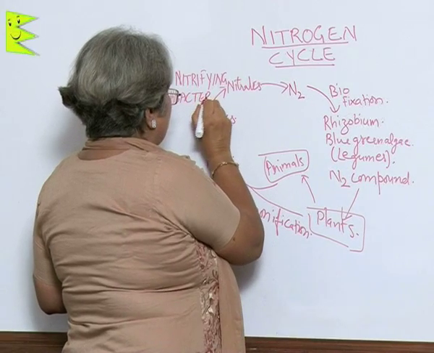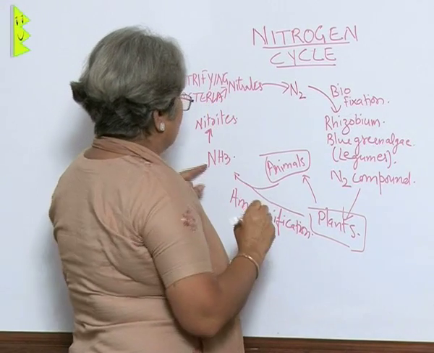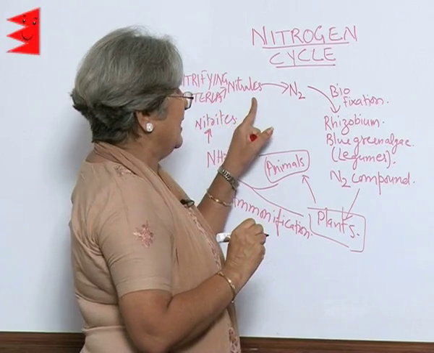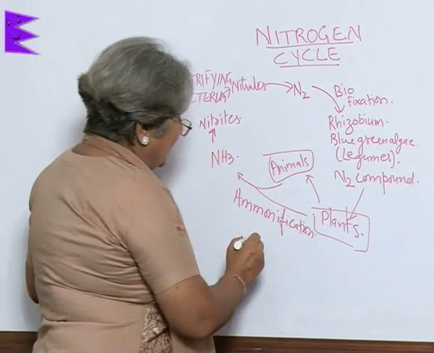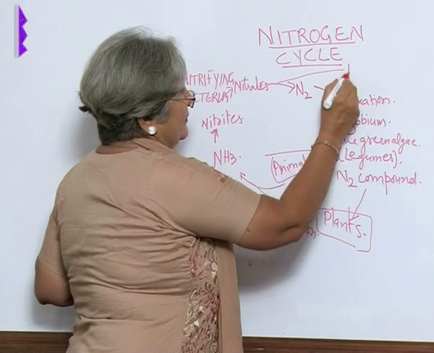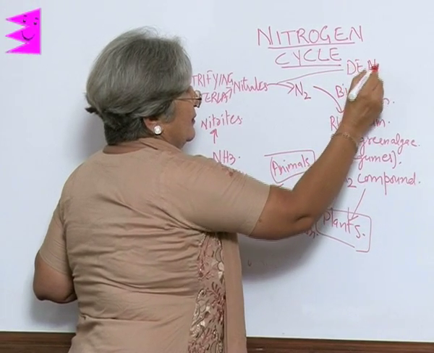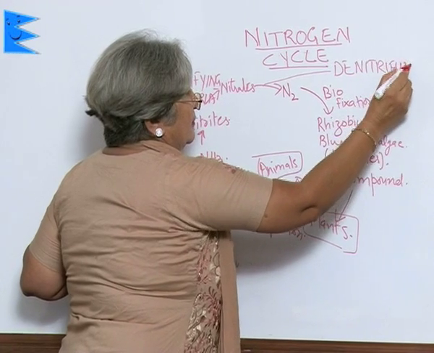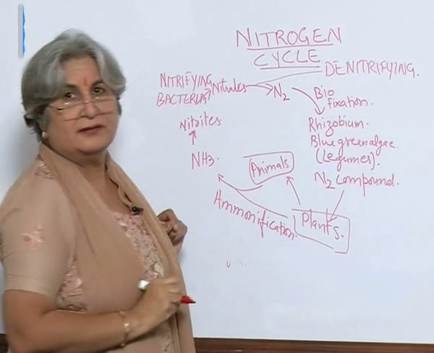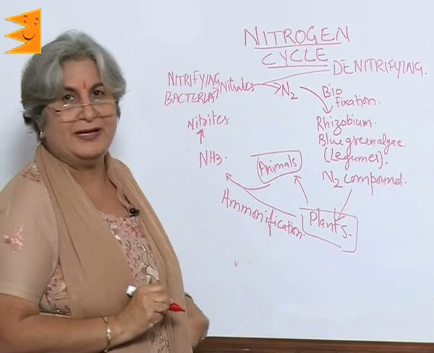So, nitrifying bacteria change ammonia to nitrite and nitrate, and what changes it back to nitrogen is denitrifying bacteria. And the cycle is complete.